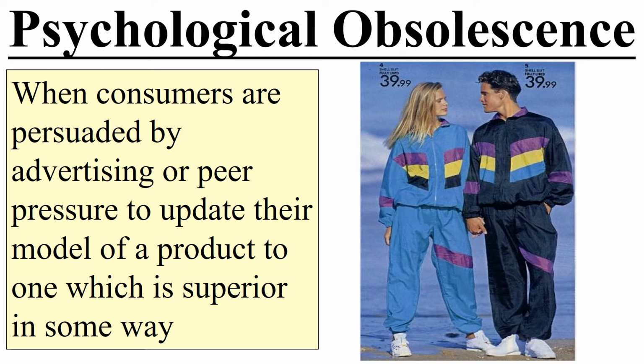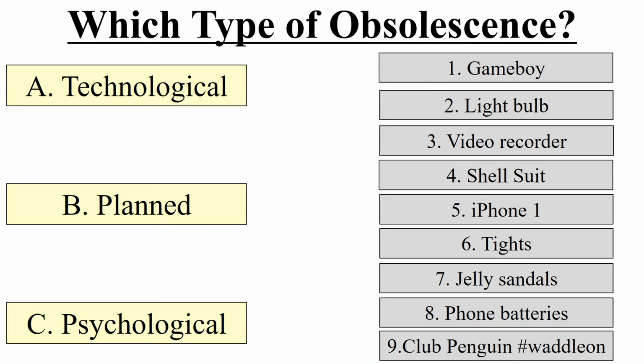But for some reason society has moved on and decided that that is now obsolete and you can't wear it anymore. So that's psychological obsolescence. Okay, so ABC, technological, planned, psychological. I want you to press pause and match these up as to which type you think they fall into.